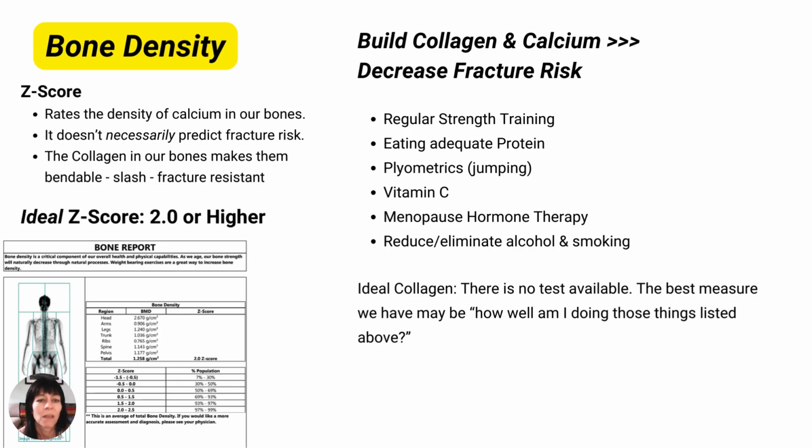Anything helps. Also, make sure you're meeting your vitamin C needs, consider menopause hormone therapy, and reduce or eliminate alcohol and smoking. Those are the big ones for manipulating your bone density. Of course, because all of our tissue is interrelated, a lot of the same behaviors lead to positive changes for each of those things.